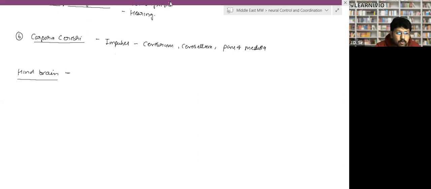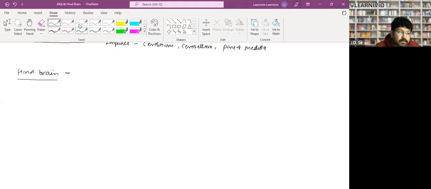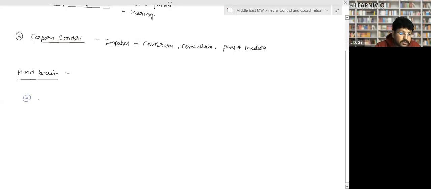In the hindbrain, the first and most important, and in fact the largest part, is called cerebellum.